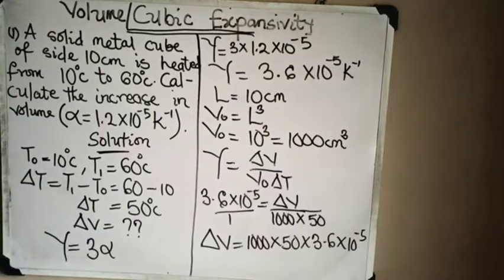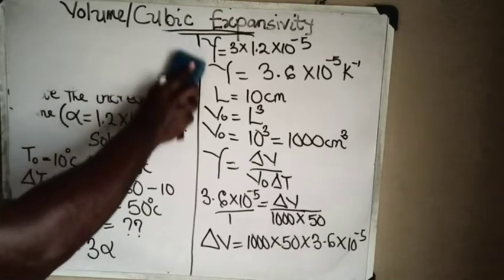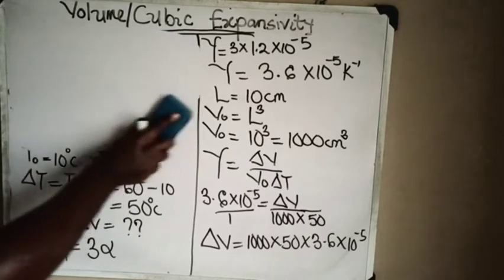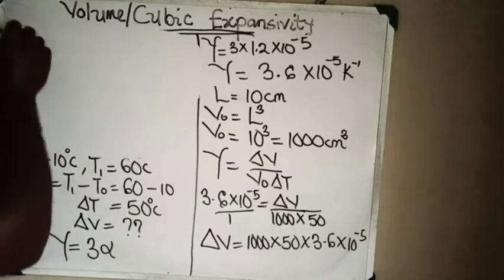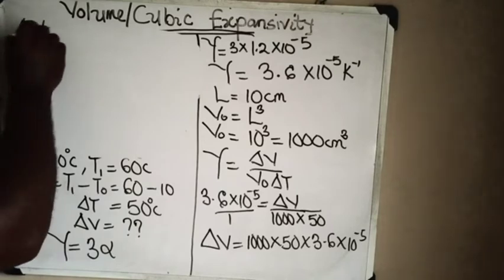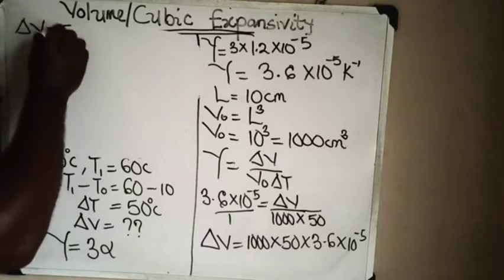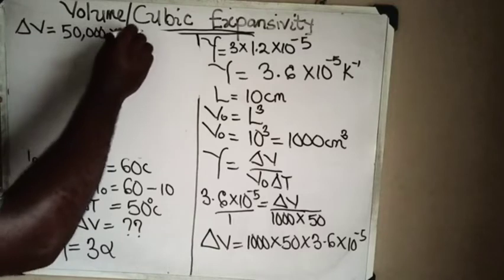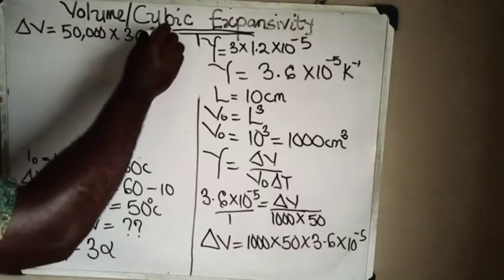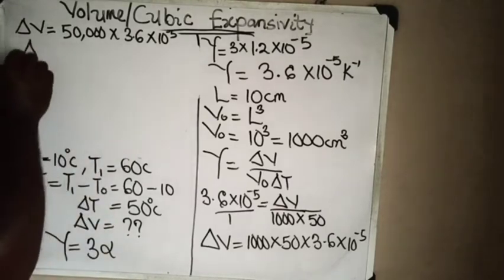Let me clean off the other side of the board. So that will give me my change in volume, that's the increase in volume. 1000 times 50 will give me 50,000 times 3.6 times 10 to the power of negative 5. I will need to use my calculator here.